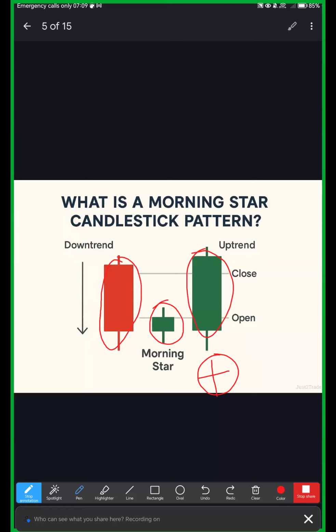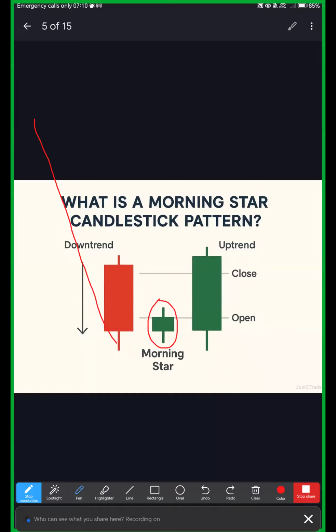This candle in the middle tells us that sellers are still in control. Remember, it is still a downtrend. Sellers are still in control, but there is a but. Remember the pressure that they came with in the first candle.